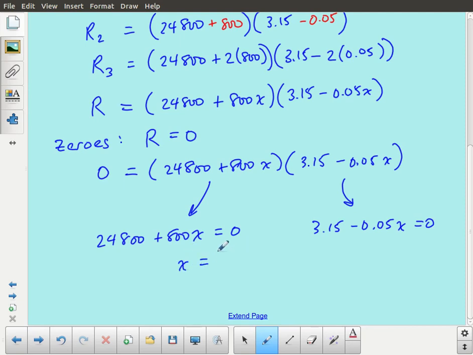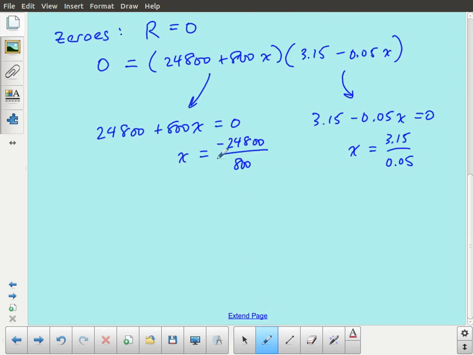x equals negative 24800 divided by 800. And this one becomes x equals 3.15 divided by 0.05. So now I'll go to the calculator on this one, 24800 divided by 800.